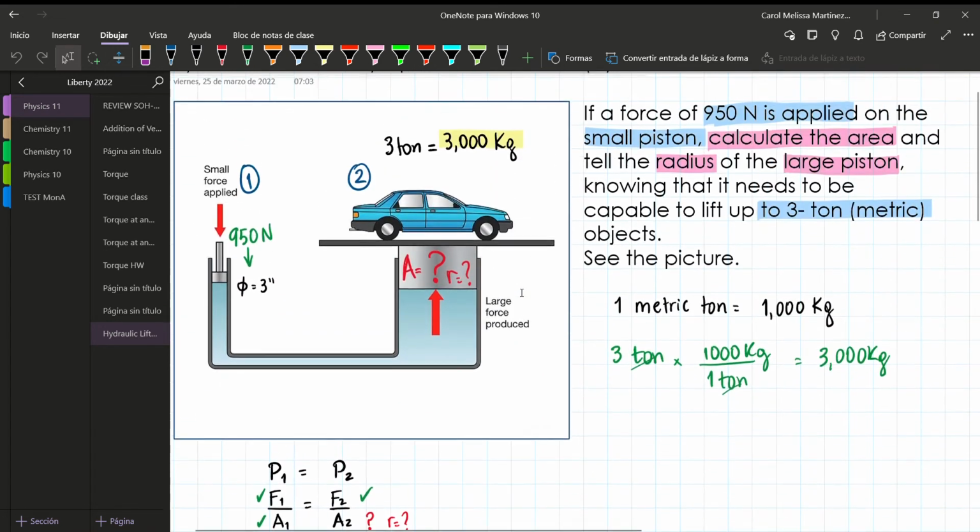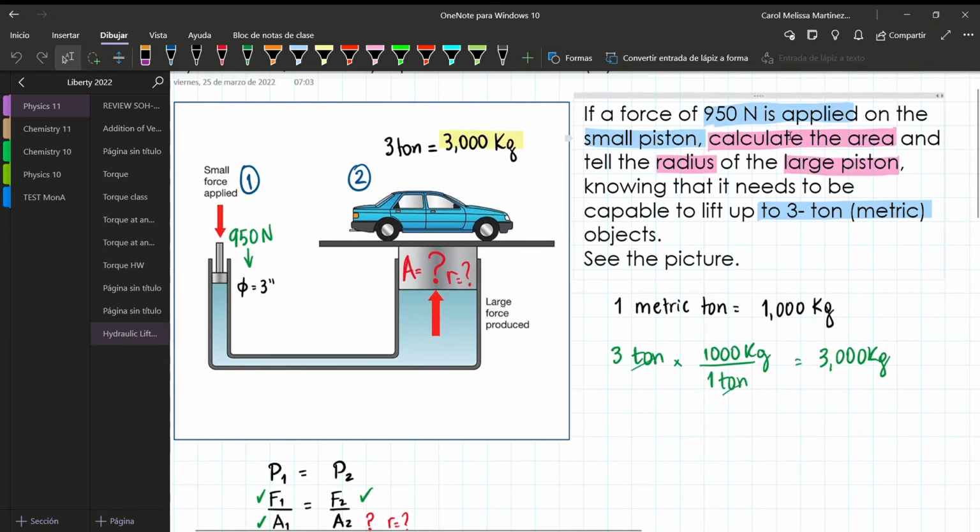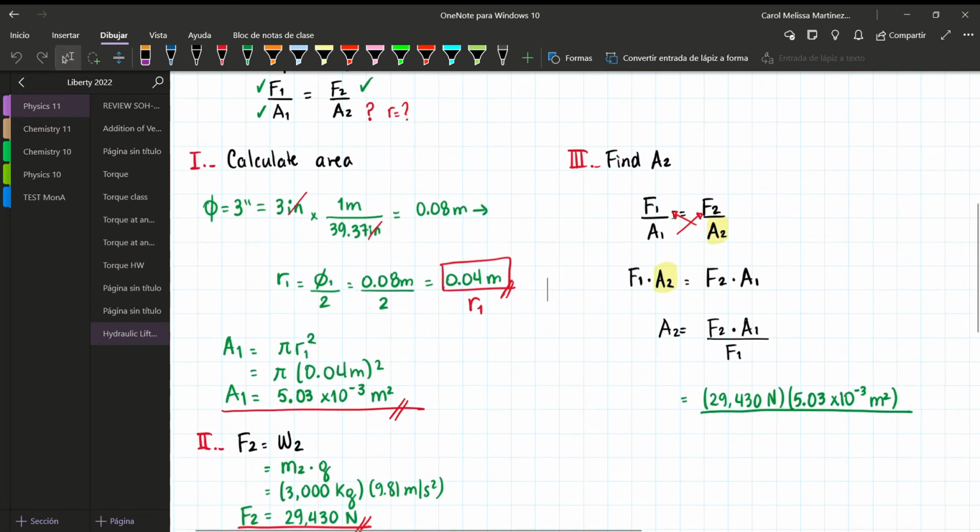I give it in the word problem. It says it is a force of 950 Newton. So this will be 950 Newton. Here you cancel out the newtons.